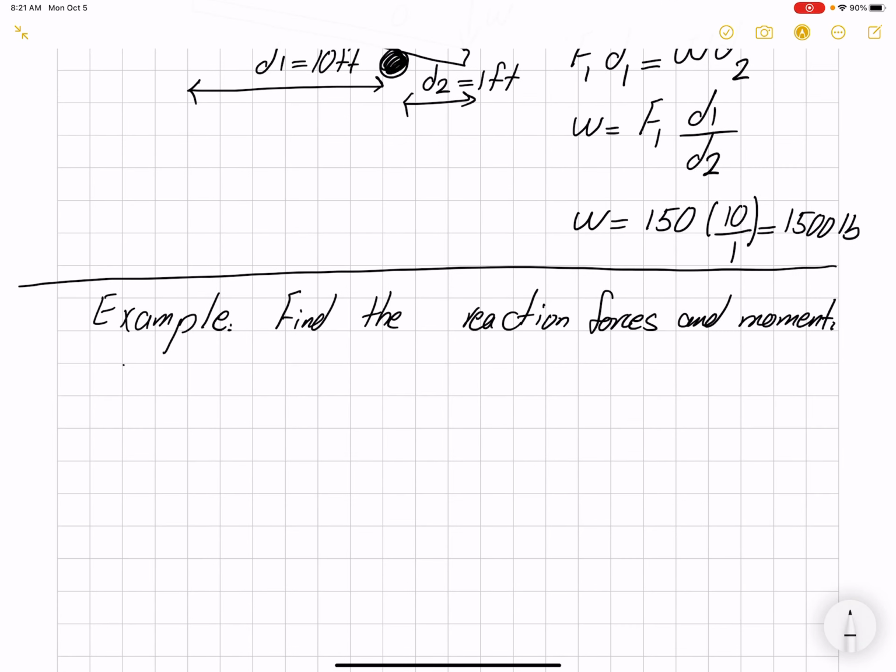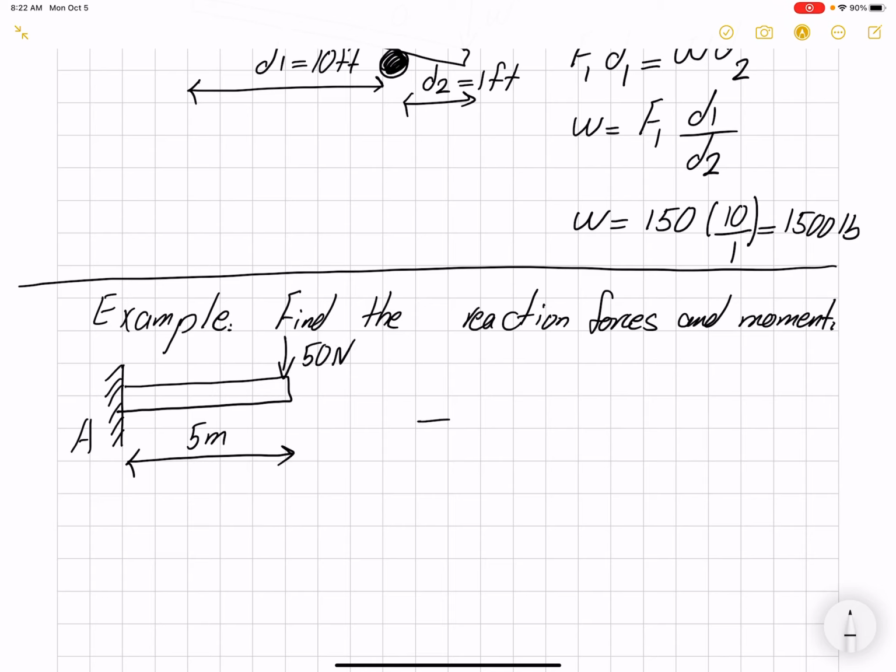Let's say we have a cantilever beam, which means that one side is fixed and the other side is free. I call this point A, and this distance is 5 meters, and let's say we are applying 50 Newtons.